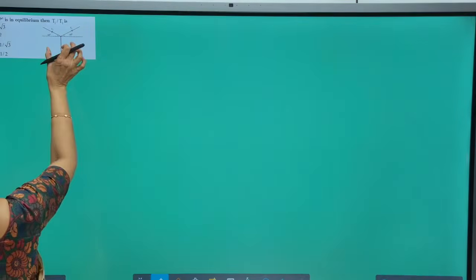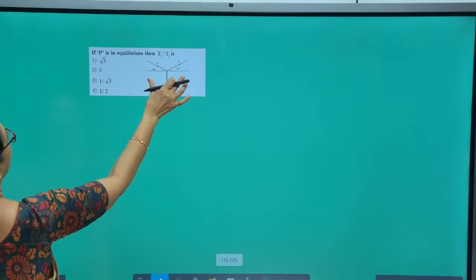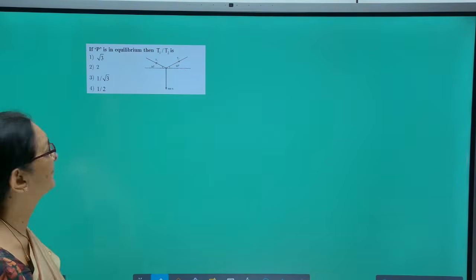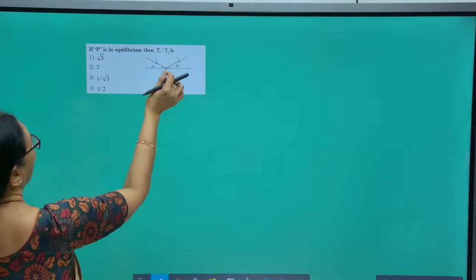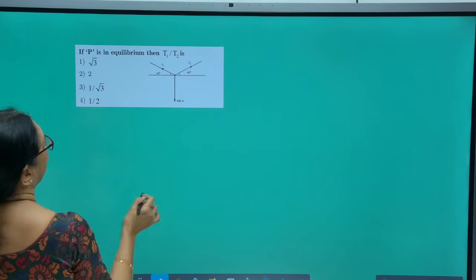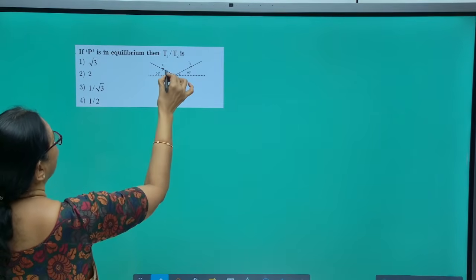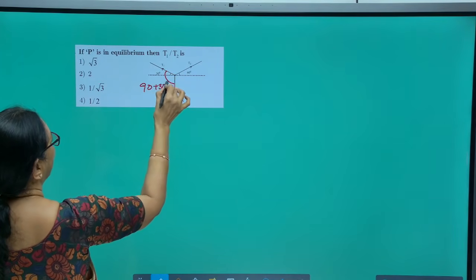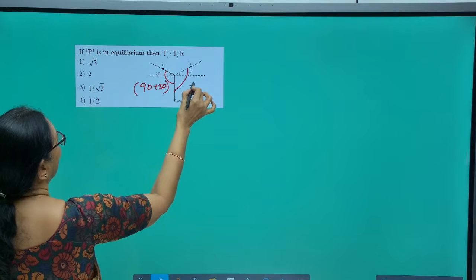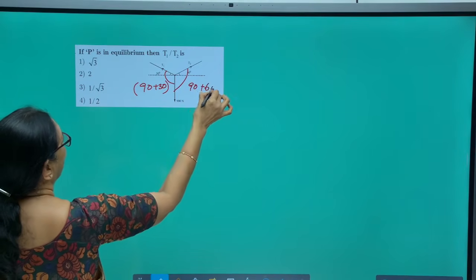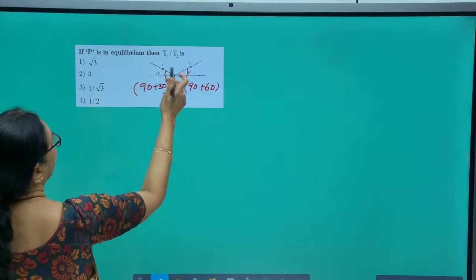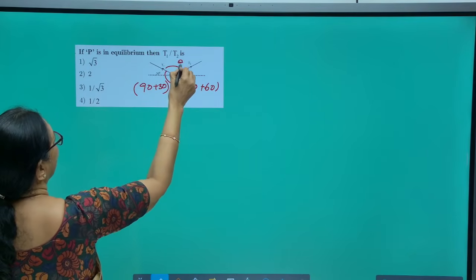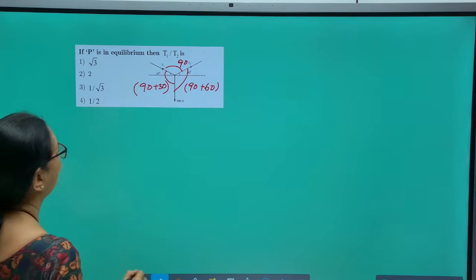Look here. If P is in equilibrium, it is a very simple problem. P is in equilibrium, then find T1 by T2. Here this total angle becomes 90 plus 30, this angle becomes 90 plus 60, and because this is 30 and this is 60, this angle is going to be 90.